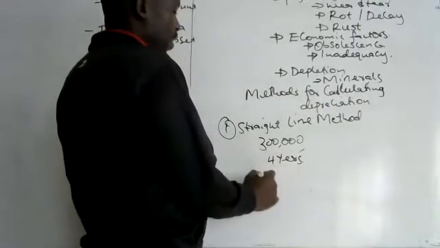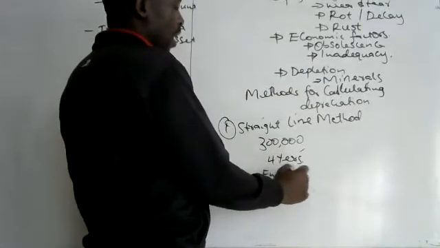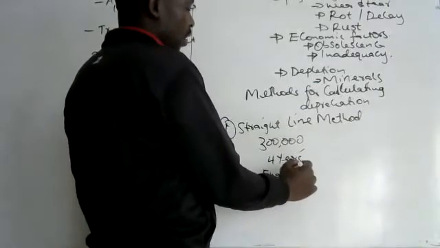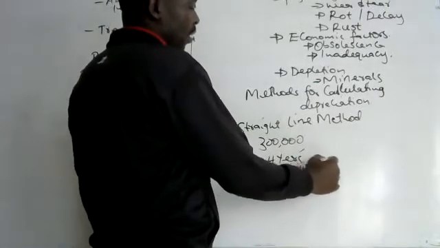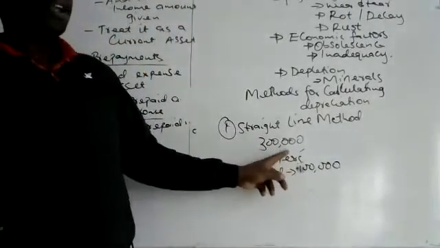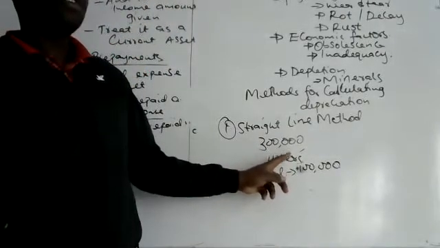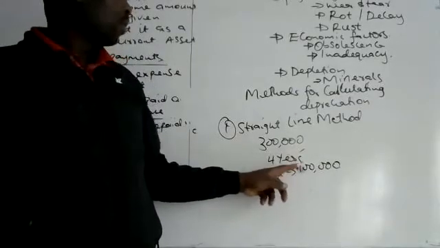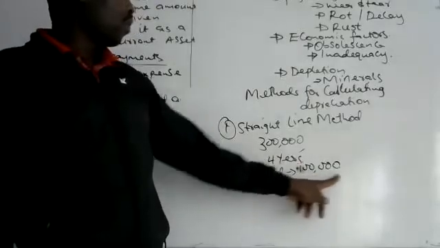Then at the end of the 4th year, its value is maybe, let me call it, 100,000. So I acquired this asset at a cost. Remember, this cost is the same as the value when I acquired it. After using it for 4 years, it has got this value.